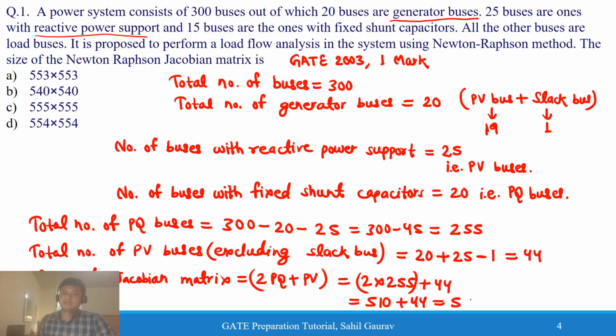So it is 554. That is the answer. So the matrix size is 554 cross 554. So the correct option is D. Did you understand, Anil? Yes, sir.